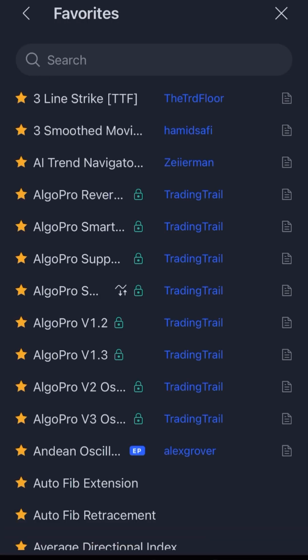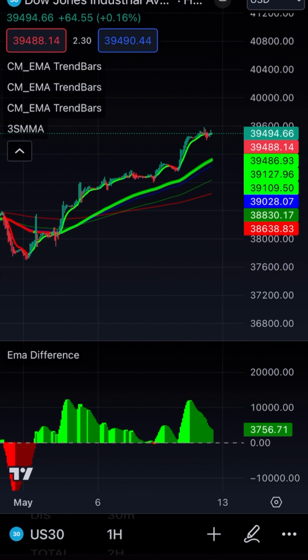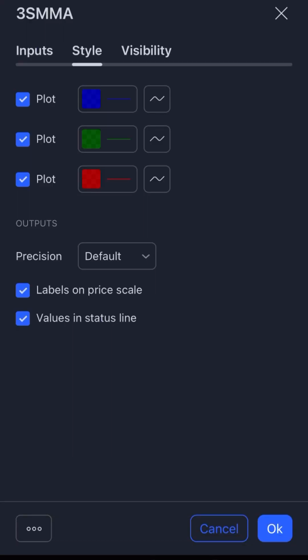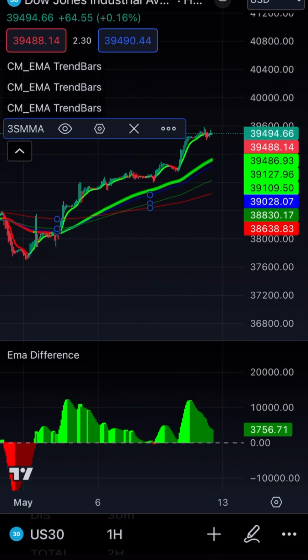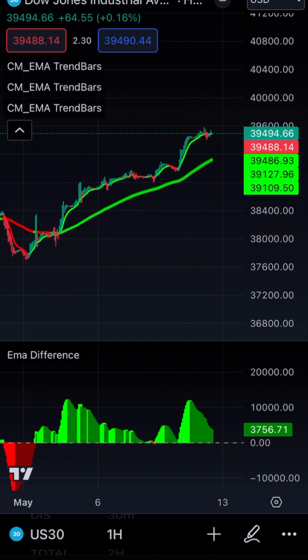You can also do the regular three smooth moving averages, and you can punch in formulas for the three smooth moving averages. Change the colors if you want, and then you just have to put 90 and 95 right here. The only negative to this approach is that you'll look at the bars, and they'll have color, but they won't be color coded. The reason I use CM EMA trend bars is because they change colors according to the trend, so you'll know if something is getting more bullish or bearish.